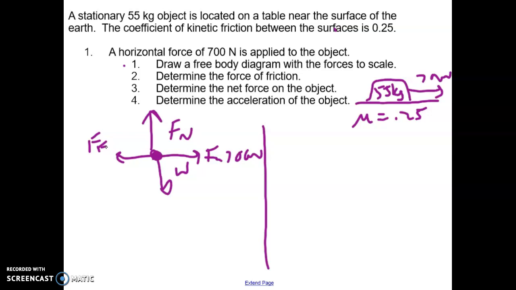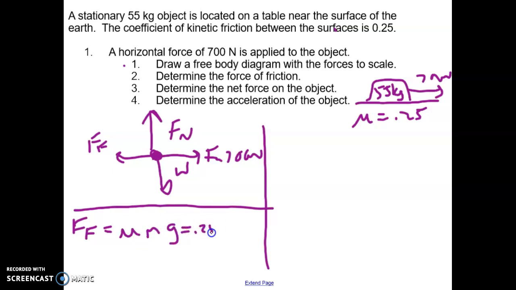Wonderful. Let's go ahead and calculate that force of friction. The force of friction is equal to mu times m times g, which is equal to 0.25 times 55 times 9.8.